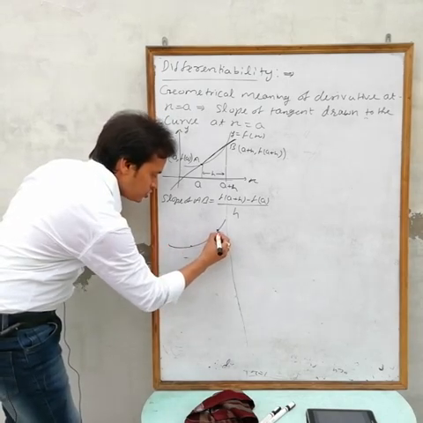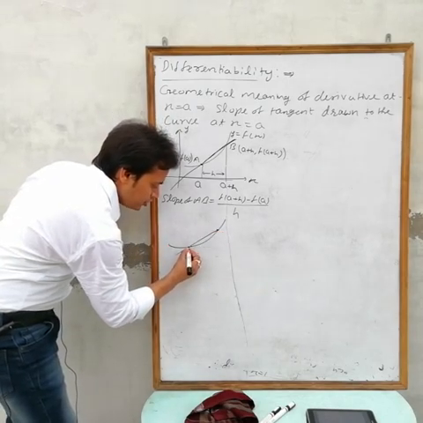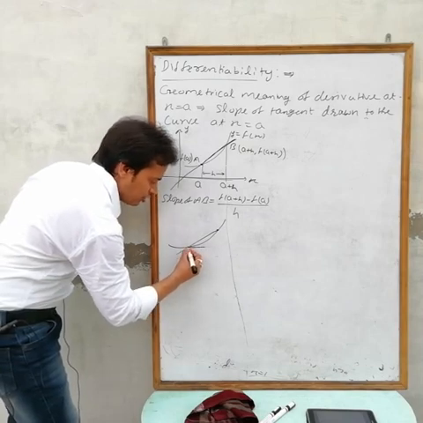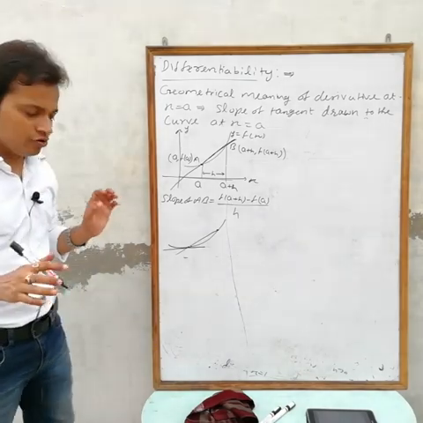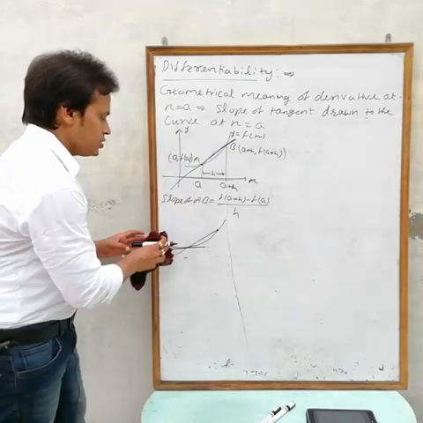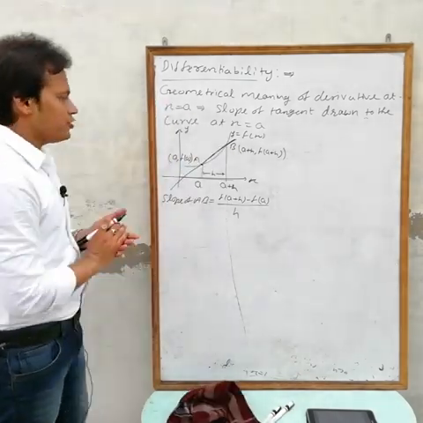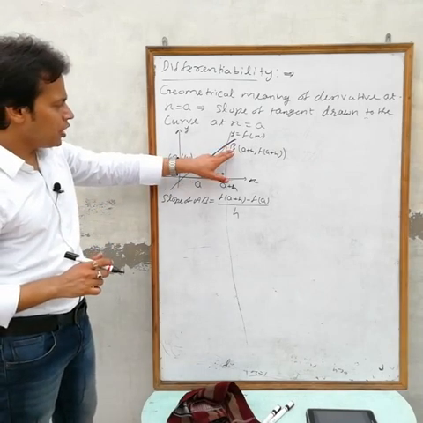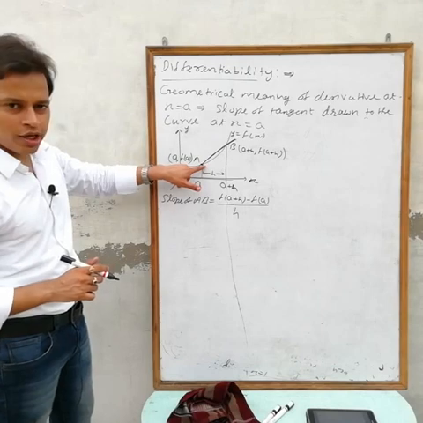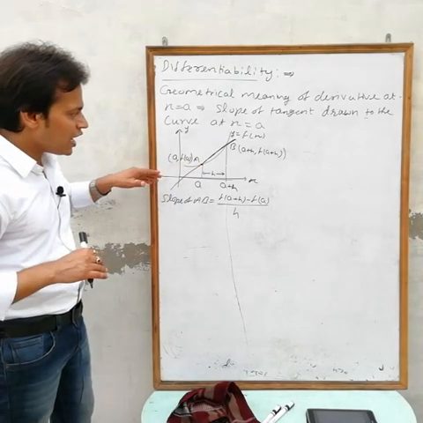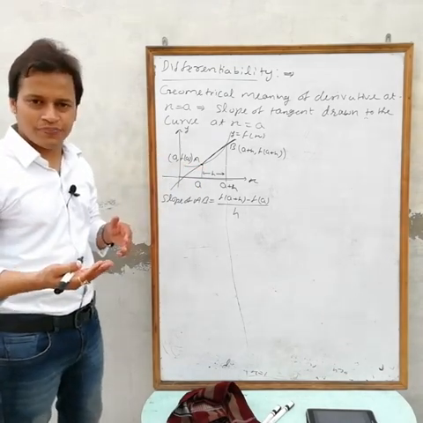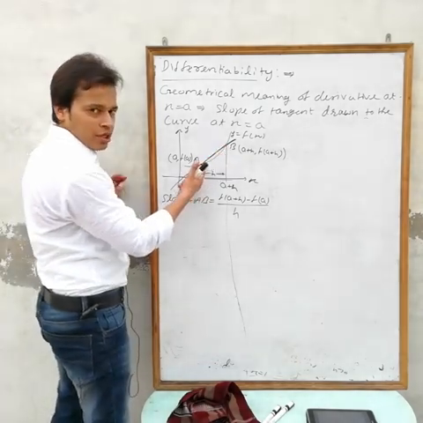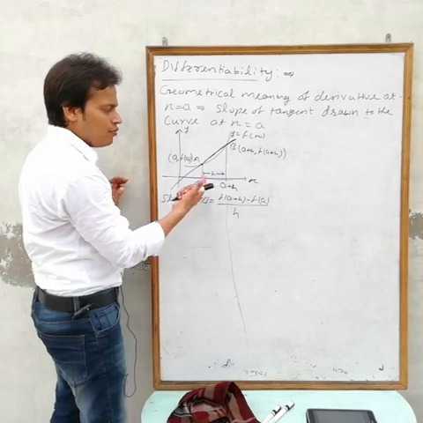If you join these two, we get a secant, but if you join this point with just the nearest point, then you get the tangent. So the tangent is the limiting position of the secant. It means if you take B at the point just next to A, then AB becomes the tangent.